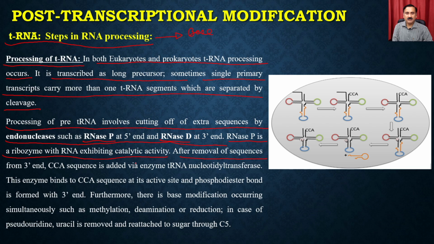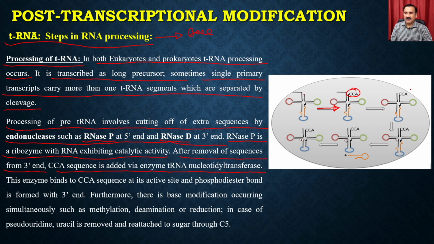After removal of the sequences from the 3' end, the CCA sequence is added by an enzyme called tRNA nucleotidyl transferase. So once the 3' end is cleaved by the RNase D, the CCA end is going to be added onto the 3' end with the help of this enzyme.